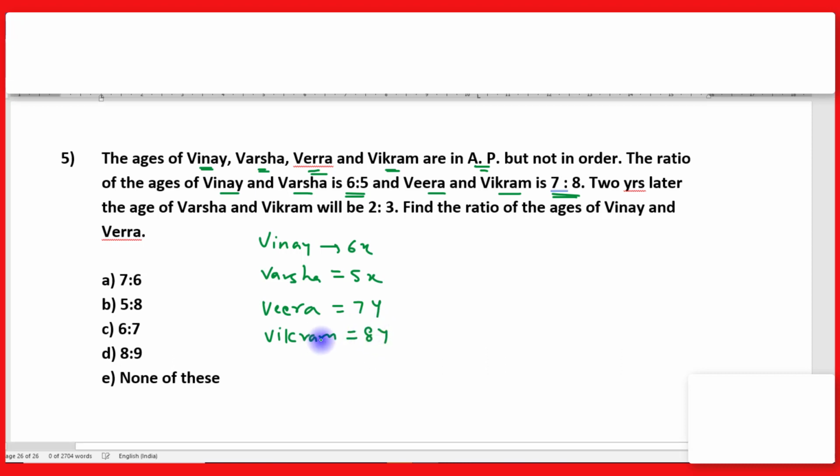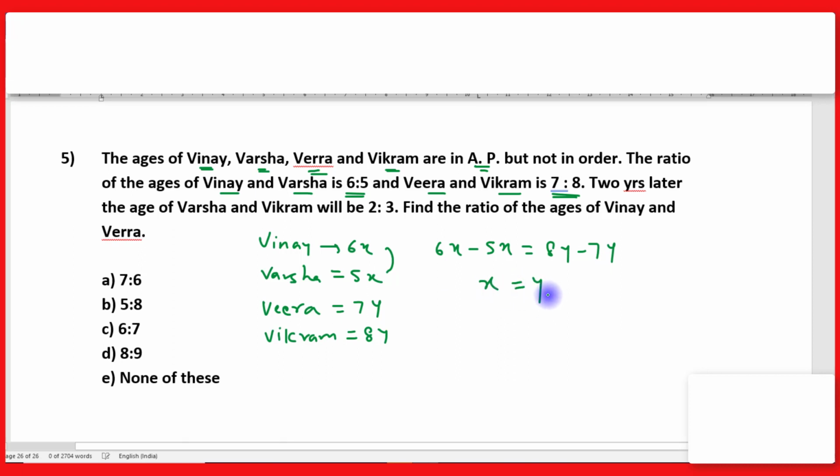And it is said that all these ages are in AP, and therefore the difference between successive terms is always equal. There is a common difference, and therefore 6x minus 5x is equal to 8y minus 7y, and therefore x is equal to y.